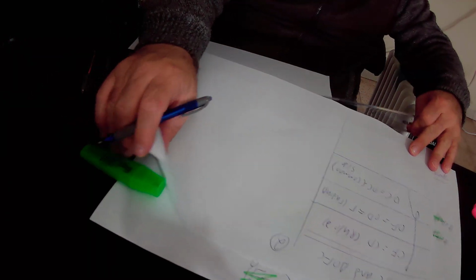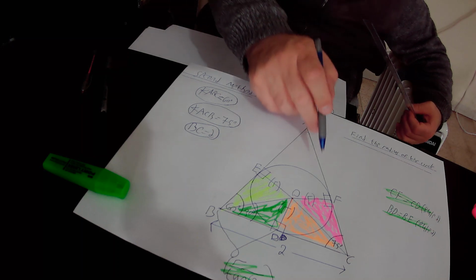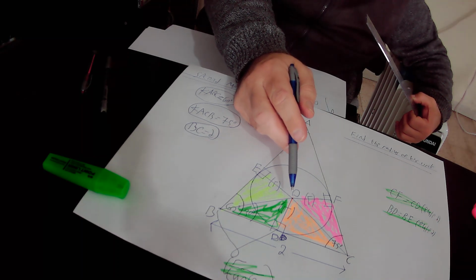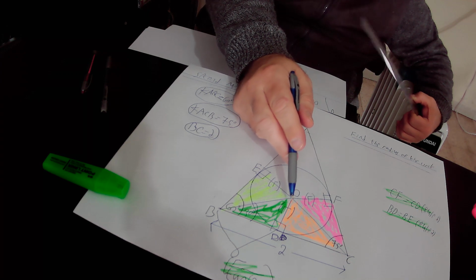So actually we proved that all the three sides of the pink triangle OFC are correspondingly equal to all the three sides of the orange triangle OCD.